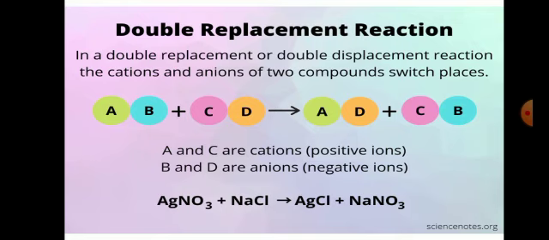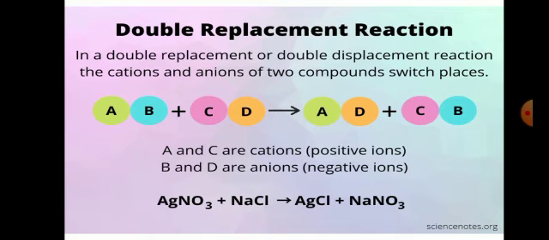Here I have given an equation as an example for your double displacement reaction, that is AgNO3 combining with NaCl. AgNO3 is your silver nitrate, and NaCl is your sodium chloride. After the chemical reaction, the end products are AgCl and NaNO3, that is silver chloride plus sodium nitrate.